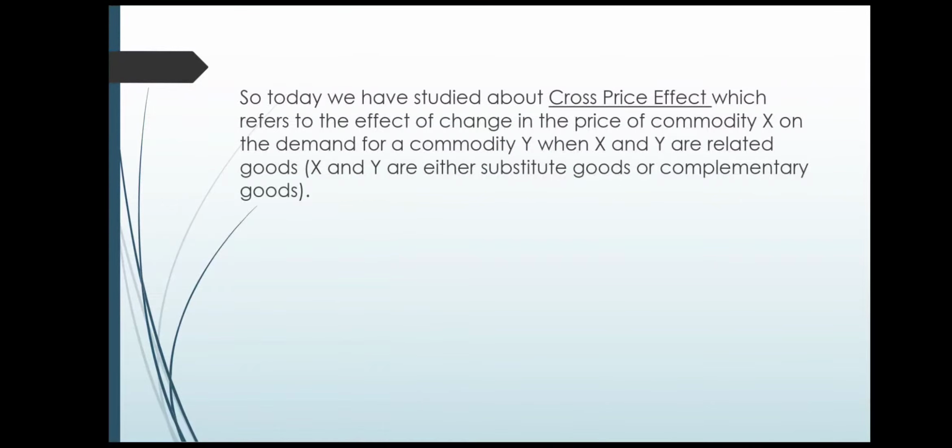So today we have studied about cross price effect, which refers to the effect of change in the price of commodity X on the demand for a commodity Y when X and Y are related goods. X and Y are either substitute goods or complementary goods.